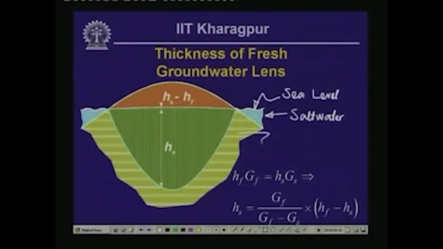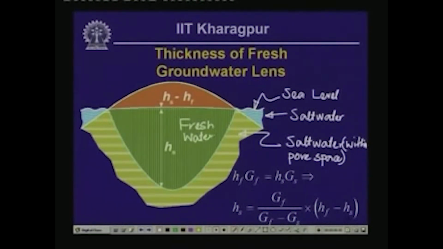Now this one here at the bottom is also salt water within pore space. So this one is within soil pore space. Okay. Now this one here shaded with the striped green is fresh water. And the vadose zone is indicated by orange shading.